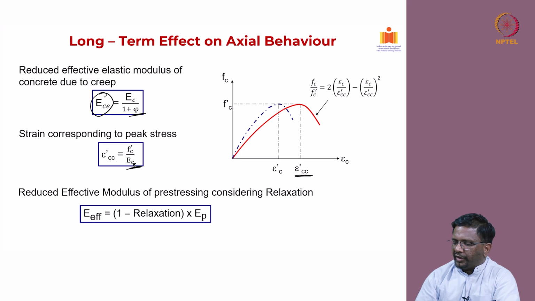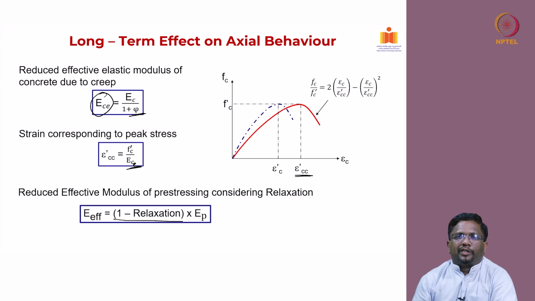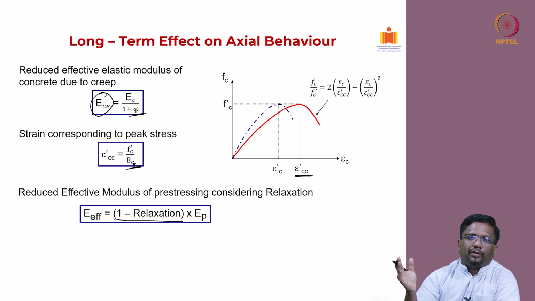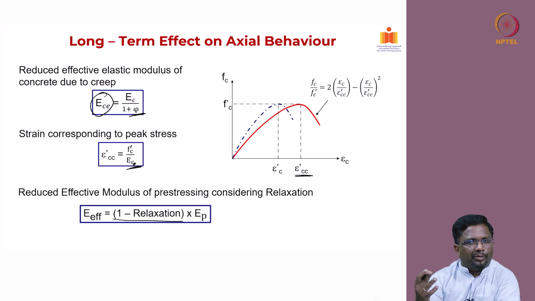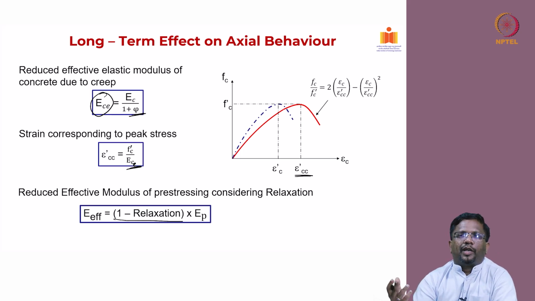So the effective elastic modulus is 1 minus the relaxation effect times the actual elastic modulus of the pre-stressing steel. If you assume 200 initially, because of relaxation it will reduce to maybe 0.9 or 0.95 times Ep, which is your original elastic modulus of the steel.